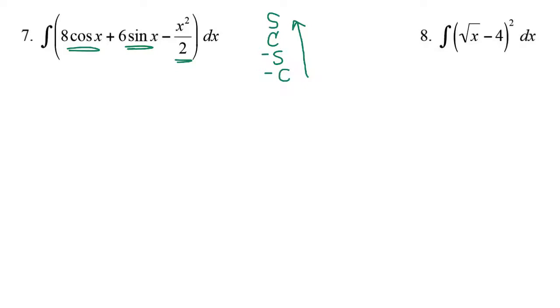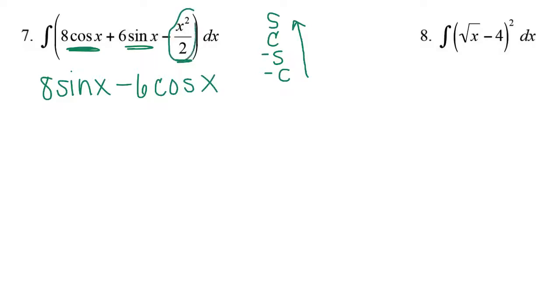So if I integrate this first part, that's going to be 8, and then if I'm integrating cosine, that's going to give me sine, so 8 sine x plus, and if I integrate sine, I get negative cosine, so let's change that plus to a minus, so I get minus 6 cosine x.